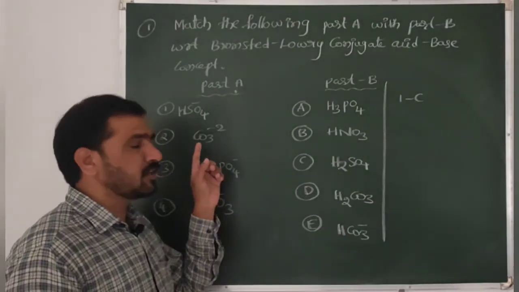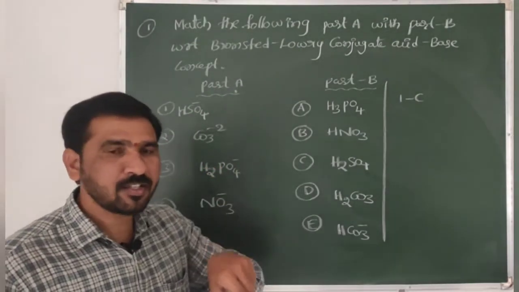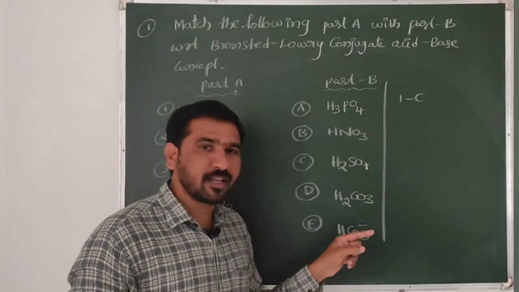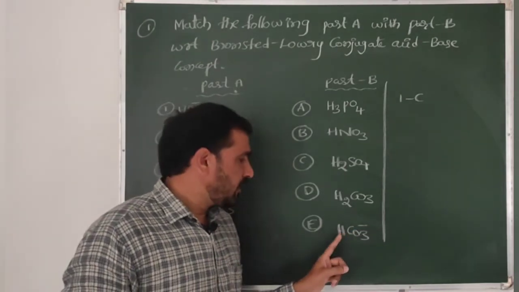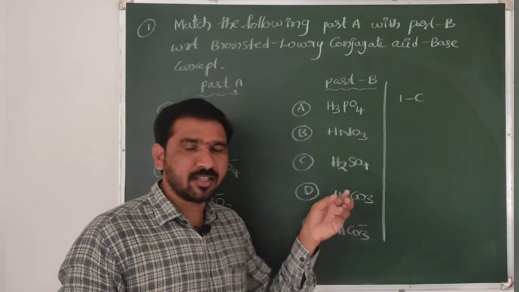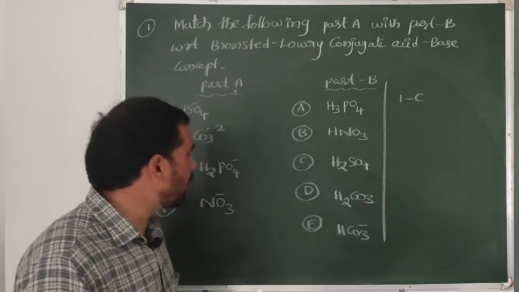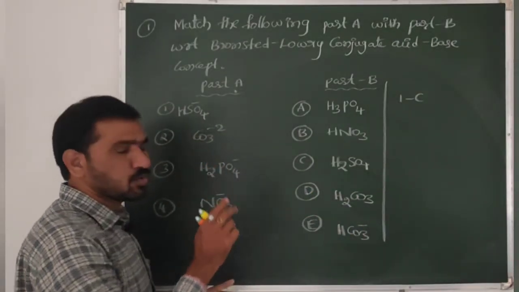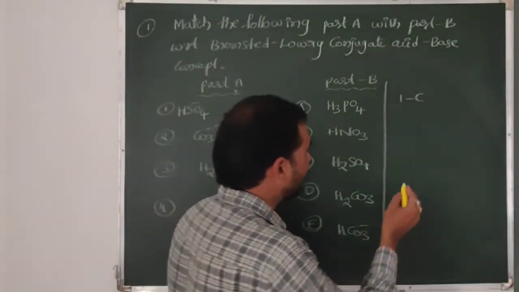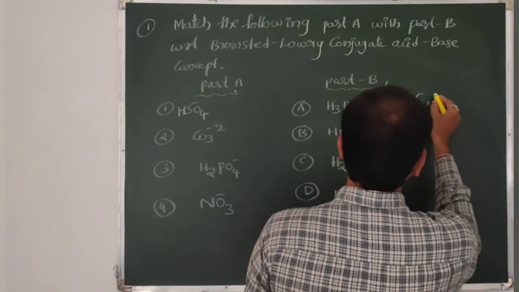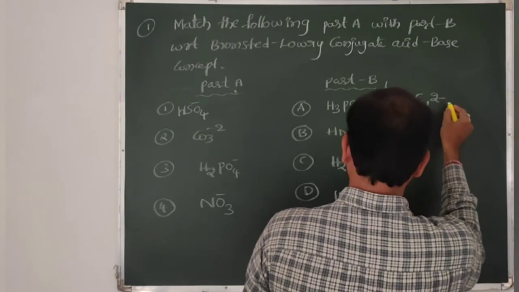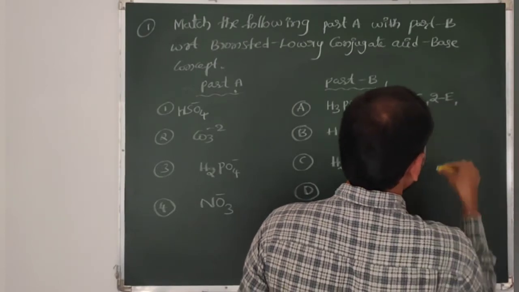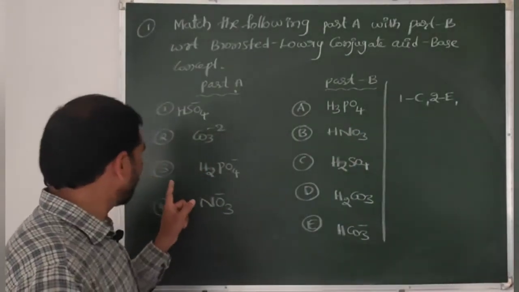That's why this is the conjugate base of the HCO3 minus acid, or HCO3 minus is the conjugate acid of the CO3 minus 2 base. So here, that is 2E, the correct match.